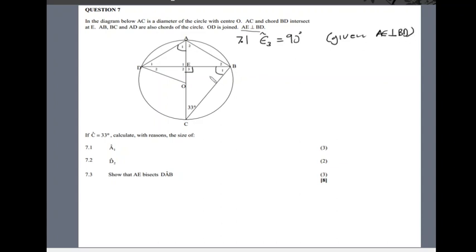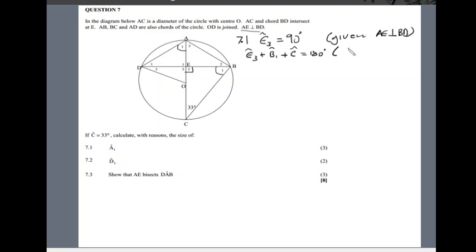Okay, and then now I have 90 degrees here. I can calculate B1 by saying in triangle BEC, the sum of angles will be 180, right? So in triangle, E3 plus B1 plus C should be equals to 180 degrees.